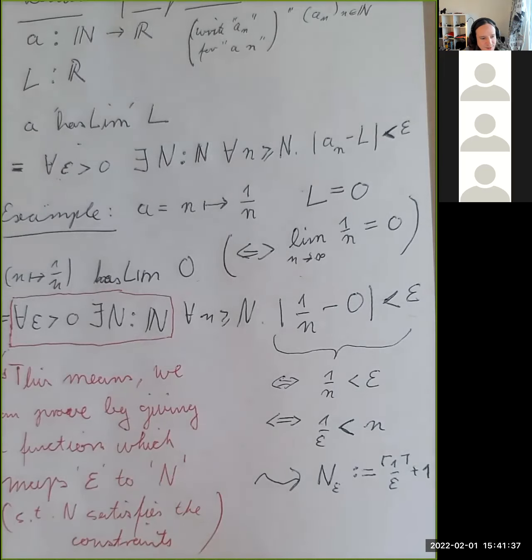Okay, we have a question. What was the idea behind making the function depend on epsilon and not n?